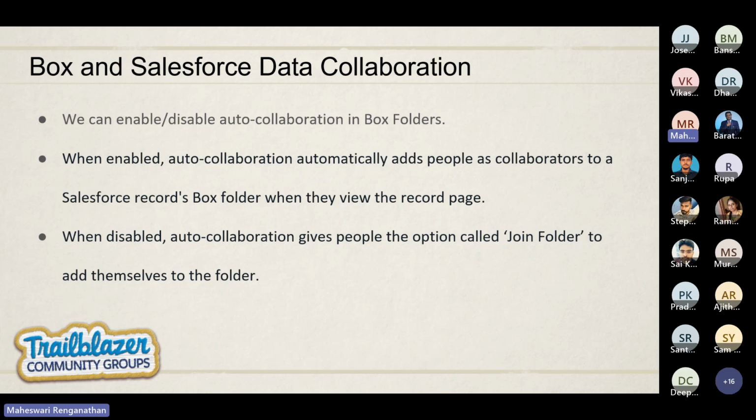Whenever we want to disable the collaboration for one user for any purpose, like hierarchy changes or role changes in the system, we just need to query the particular record in the box underscore FRUP underscore C object. In that object, we delete that particular collaboration record based on the Salesforce ID as well as the Box folder ID.